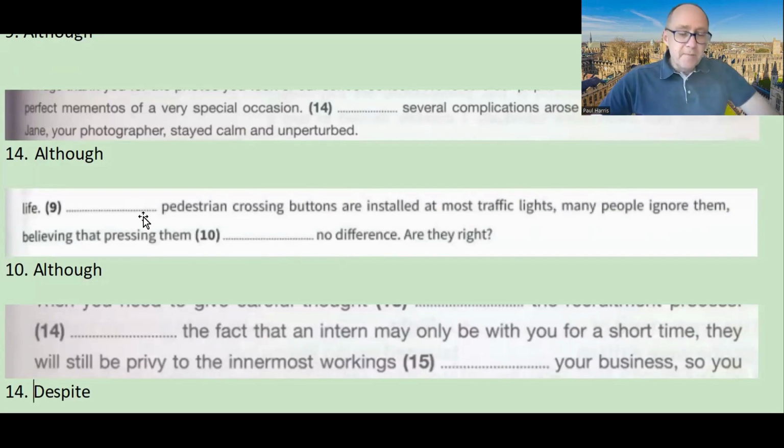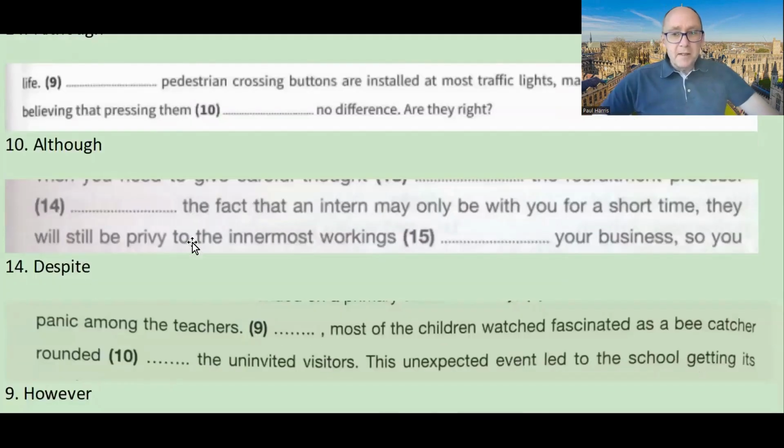So although pedestrian crossing buttons are installed at most traffic lights, many people ignore them. Now we've got examples here as well with despite. Here we can see despite the fact that. We had this word before, in spite of the fact that, but we could also say despite the fact that.